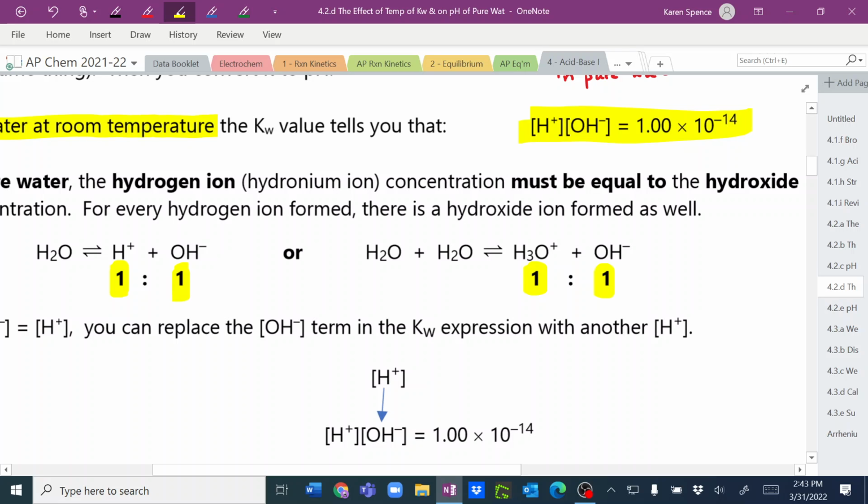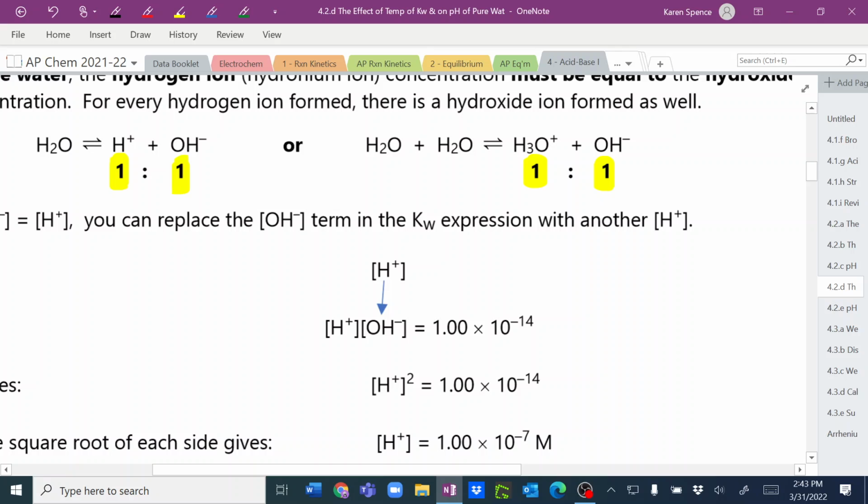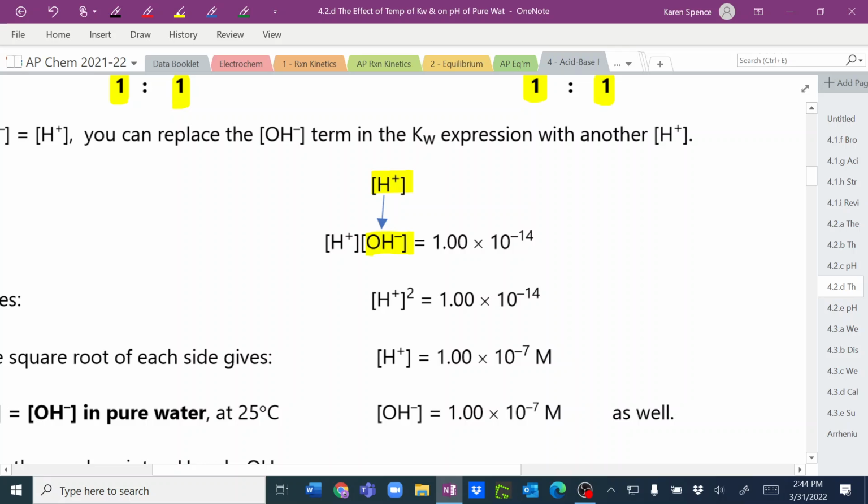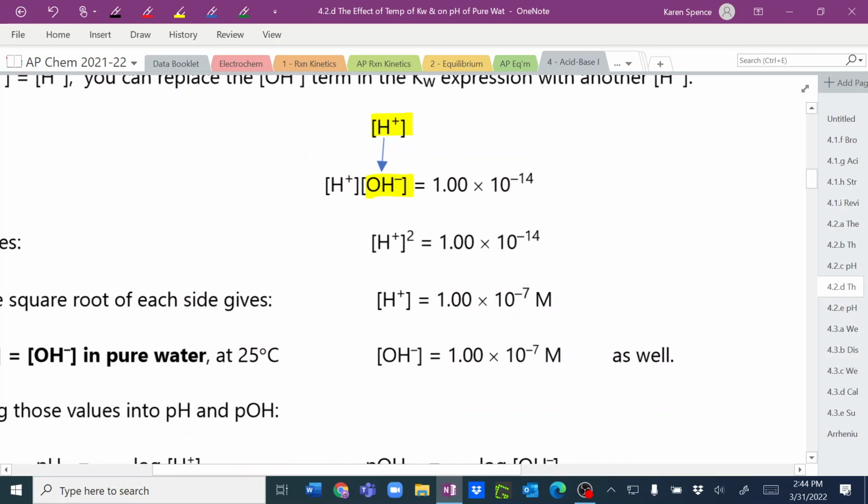So what that means is that hydrogen and hydroxide are equal. So we could actually replace the hydroxide with a hydrogen, and we end up with hydrogen squared is equal to 1 times 10 to the negative 14. And if you take the square root of that, you end up with 1 times 10 to the negative 7.